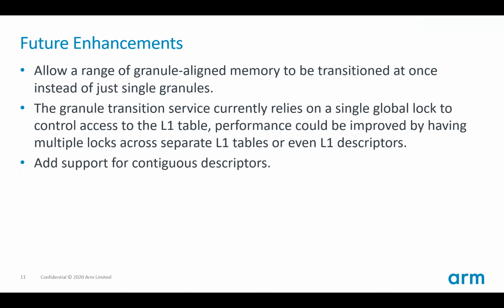So effectively, yeah, if you have a 2 MB block of similar or same GPIs and you mark them all as contiguous, it means the CPU can optimize the TLB entries for those contiguous entries.